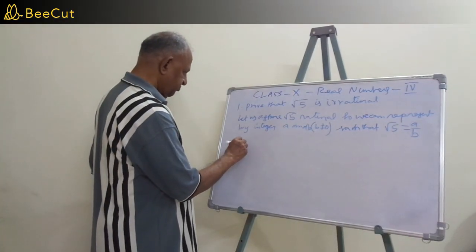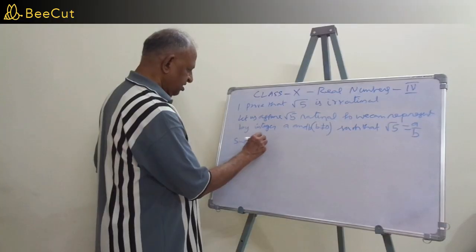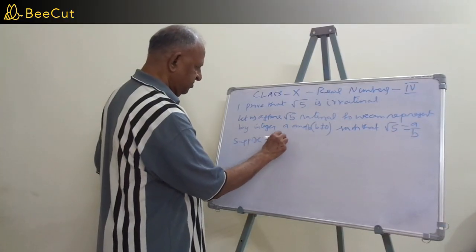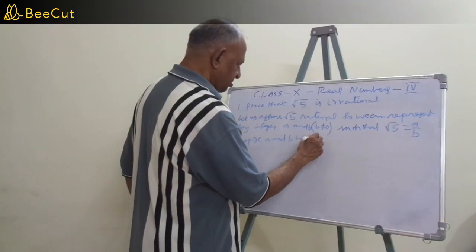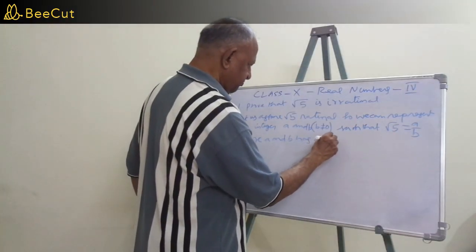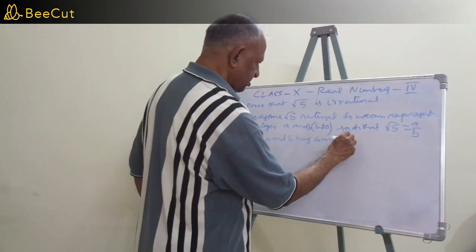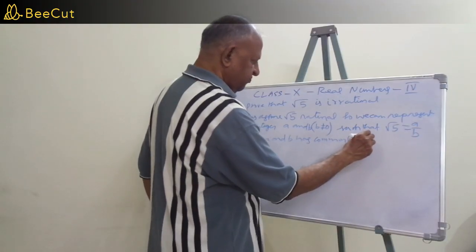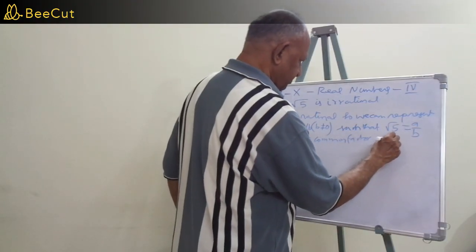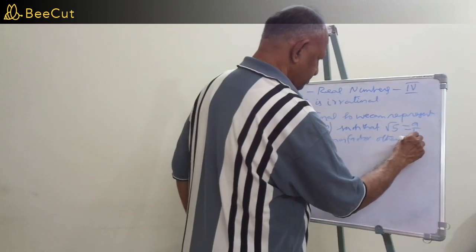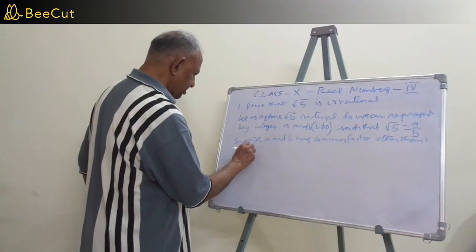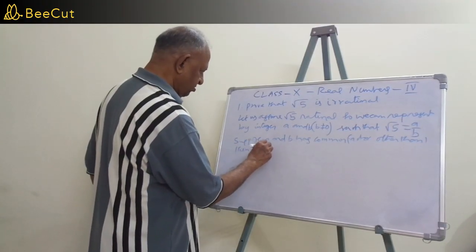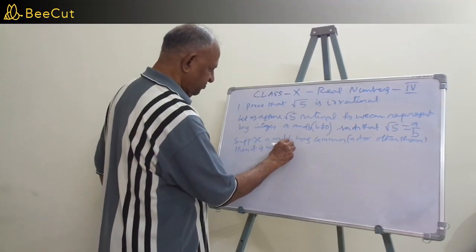Suppose a and b have a common factor other than 1, then it is not co-prime.